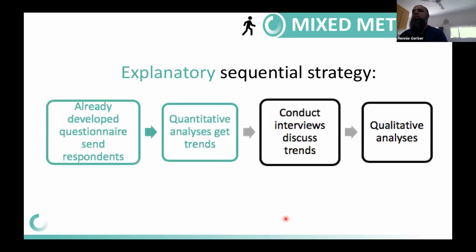Now let us look at the first strategy, the explanatory sequential strategy in mixed methods. Explanatory. So explanatory is quantitative.